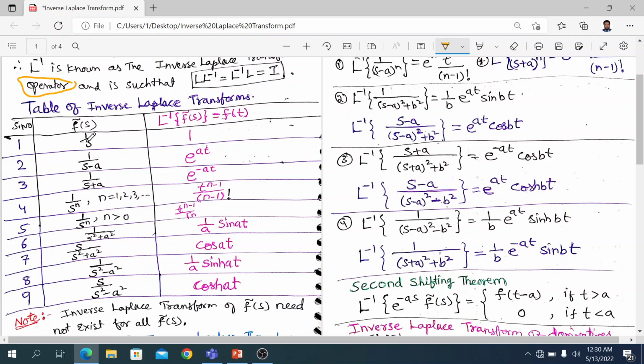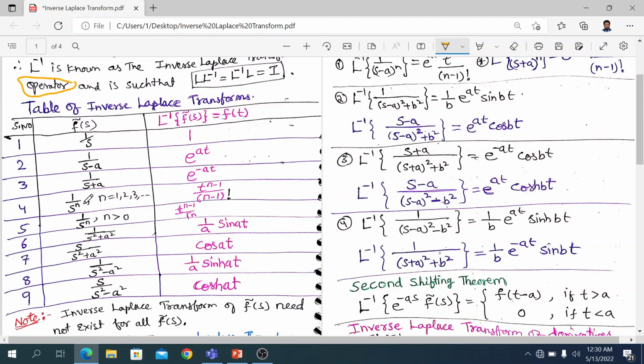So, 1 by s gives 1. If it is 1 by s minus a, the function is e power of at. If it is 1 by s plus a, e power of minus at.